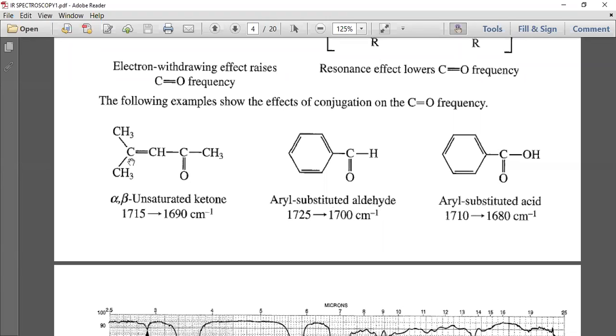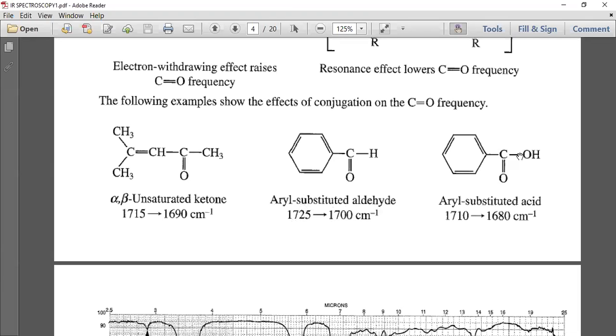So because of one double bond conjugation, you decrease 30, 1715 minus 30. So it will be 1685. So something like this. Because of aromatic conjugation, aldehyde will be around 1725 or 1730. You decrease around 30, then it will be around 1695 or 1700.